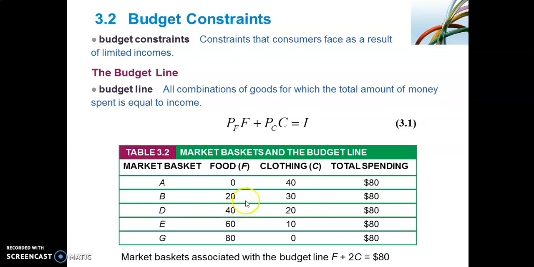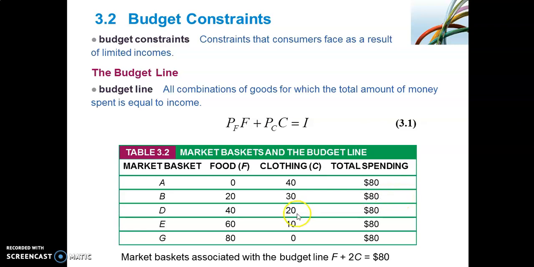So in this case, if 20 units of food are purchased at a price of $1, that would give us $20, and 30 units of clothing at a price of $2 per unit would give us $60, and 20 plus 60 gives you your $80 total spending equal to your income per week.